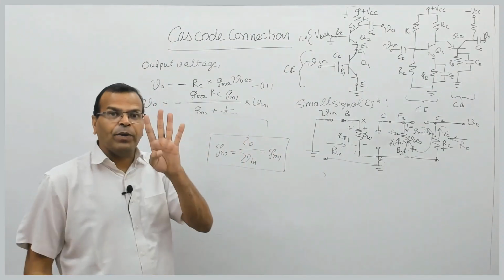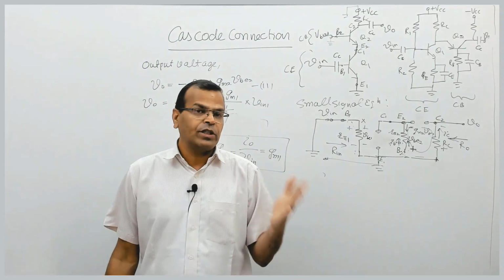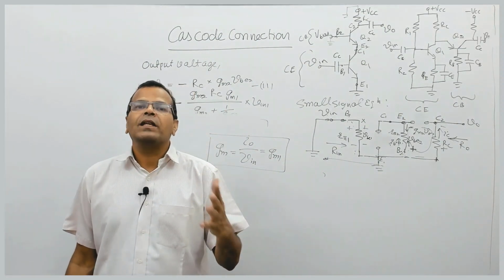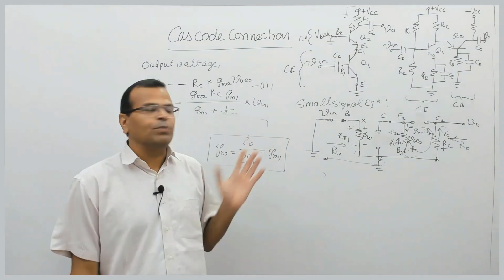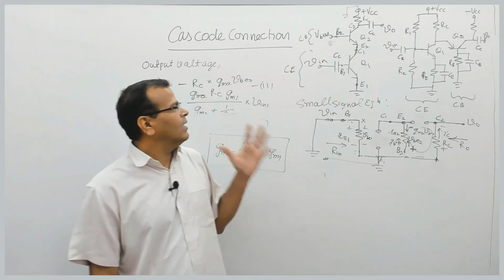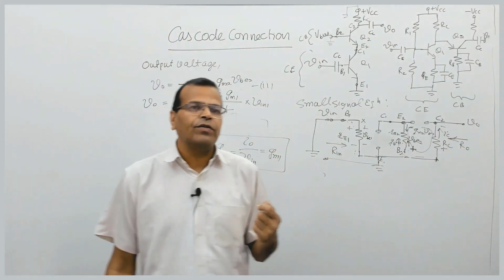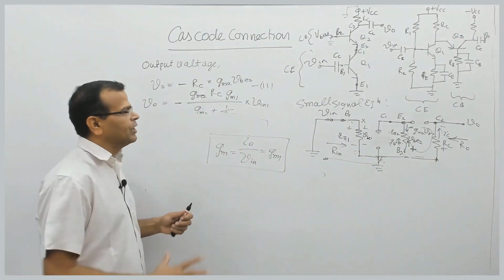These 5 points are important. These are the only 5 points where you can have an objective type question, maybe a 1 mark question in GATE, or maybe a question in engineering services prelims. From those angles, this is important. Otherwise, it's not very important for mains questions of engineering services. So this is all about cascode connection.